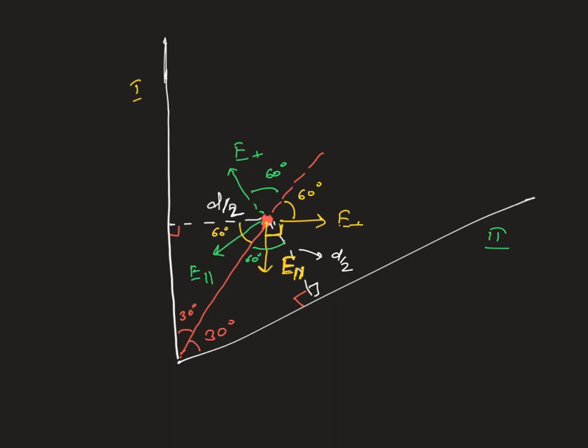How much is this angle going to be? Can you see this angle? How much is this angle going to be? Let me show you in a separate diagram. I am drawing the red line from point O. This is point O. This is point P. This is E perpendicular. This is E parallel.